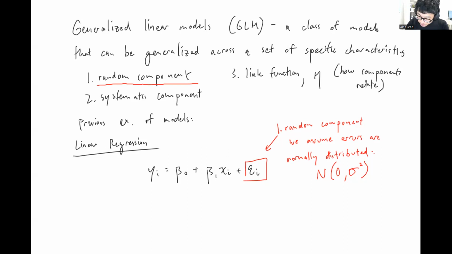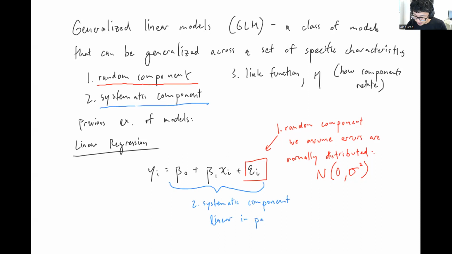Our systematic component is this entire term here. And this is linear in parameters.